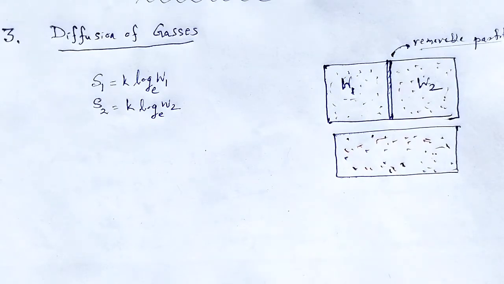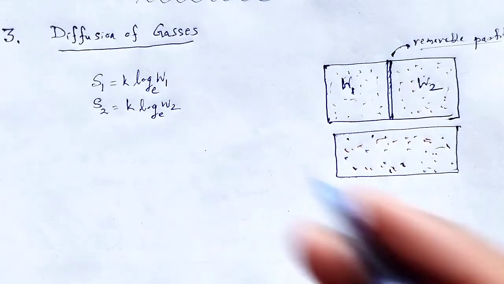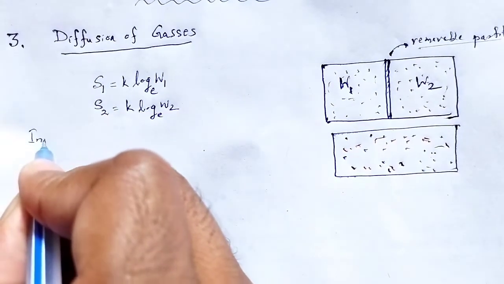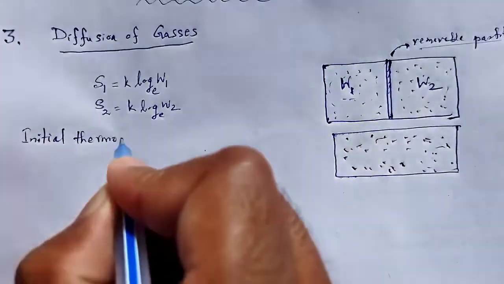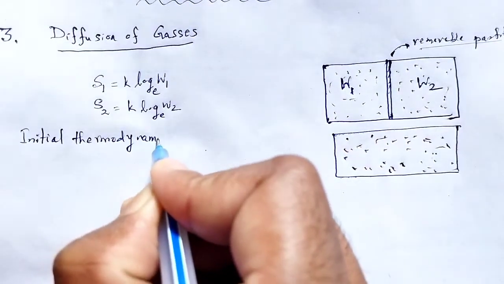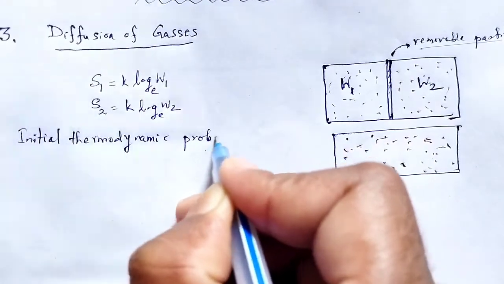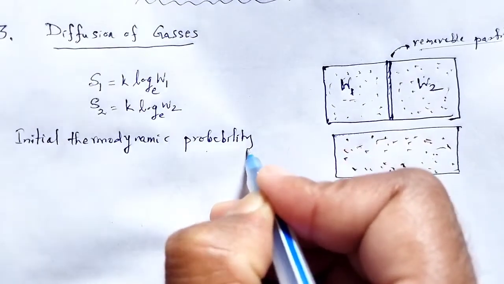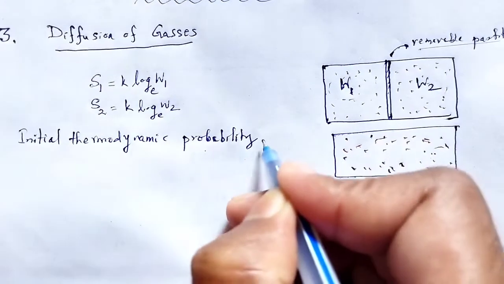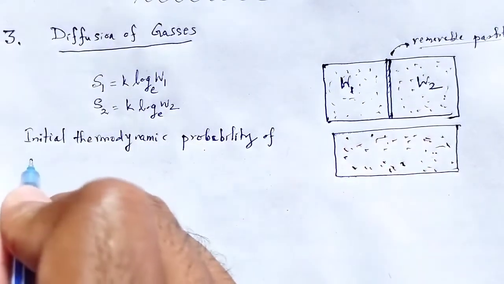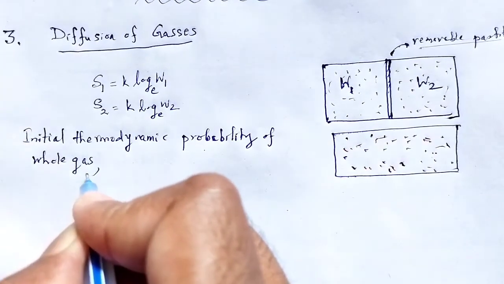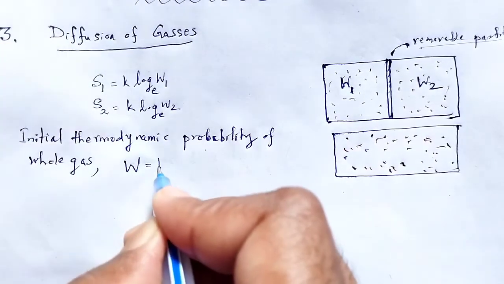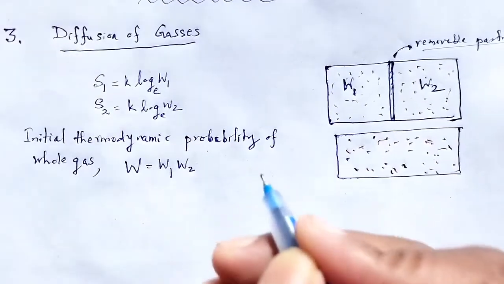Now the initial thermodynamic probability of the whole gas, let it be W, will be W1 into W2.